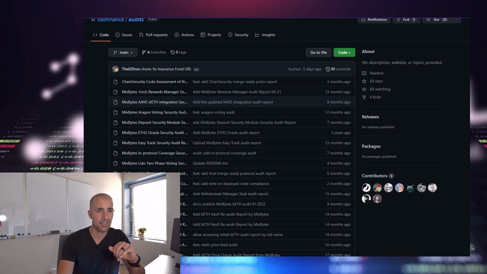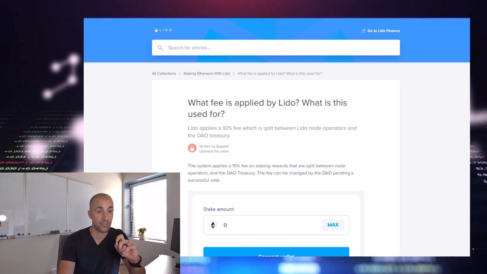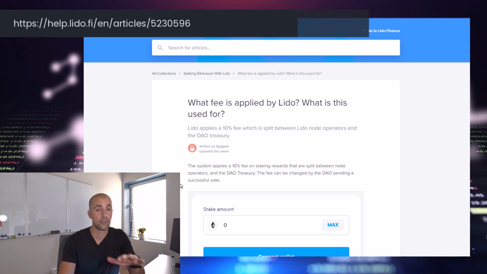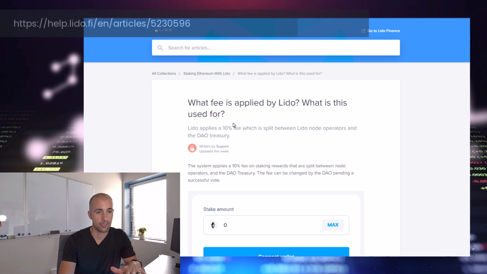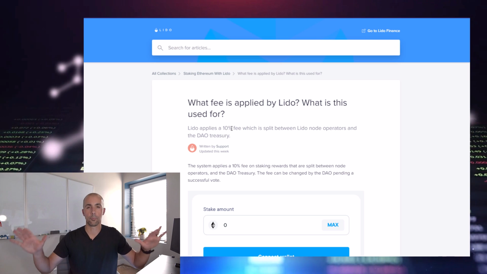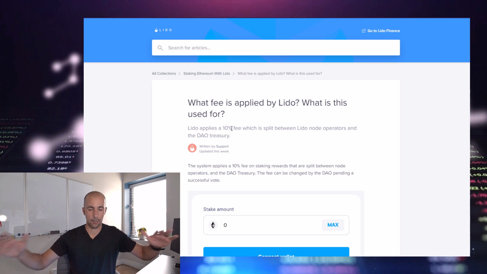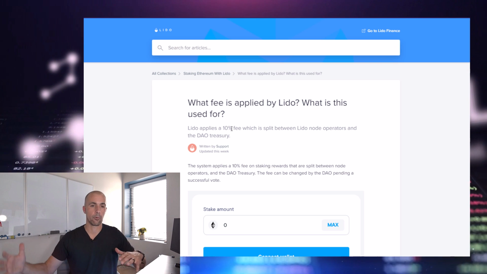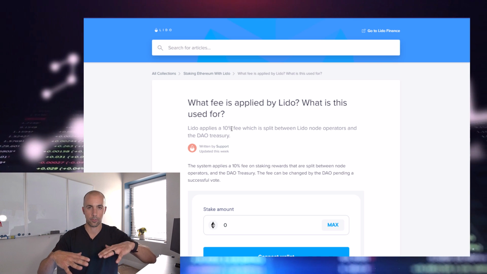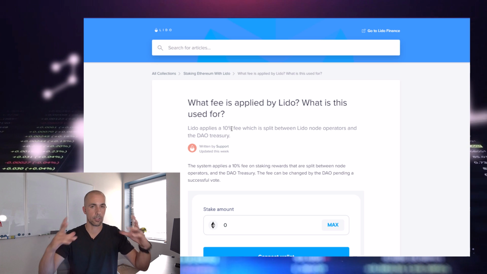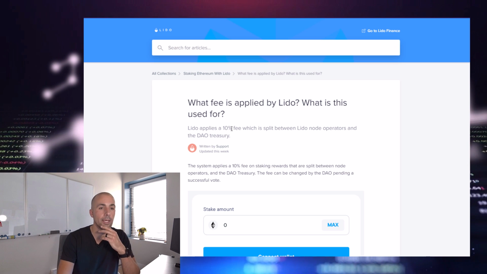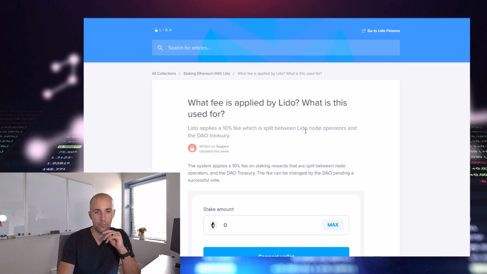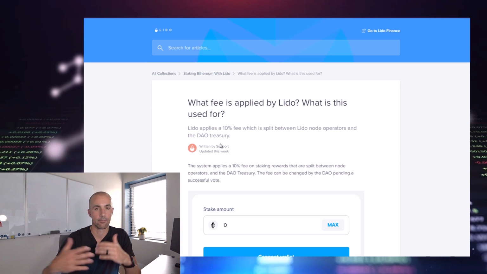So next we'll have the fee. So the fee charged by Lido is 10%, and that is split. So think of them more as a platform where these operators or these actual staking providers can come, and then consumers wanting to stake, everybody meets in the middle on that Lido platform. And this fee gets split between the node operators and Lido itself.